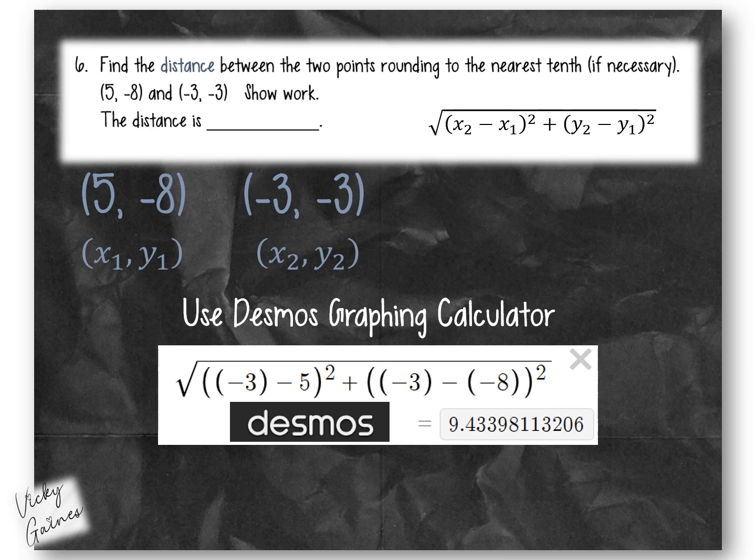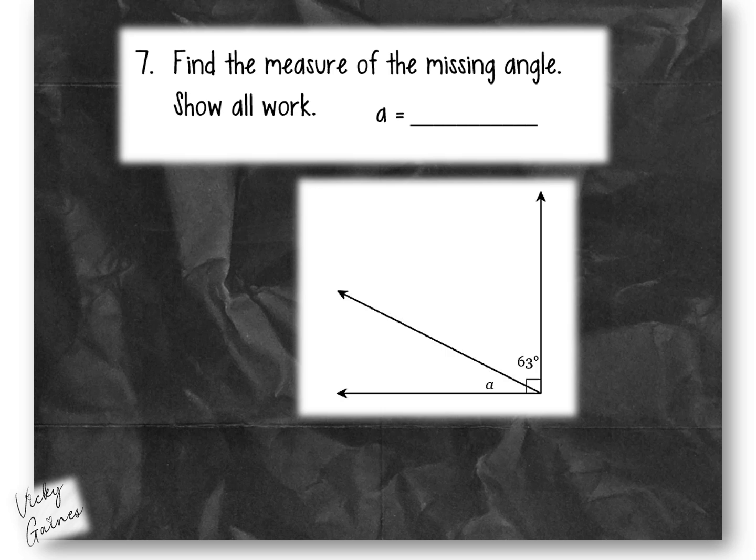So -3 minus 5 in parentheses squared plus the quantity -3 minus -8, that quantity squared, and you get your answer of about 9.4.